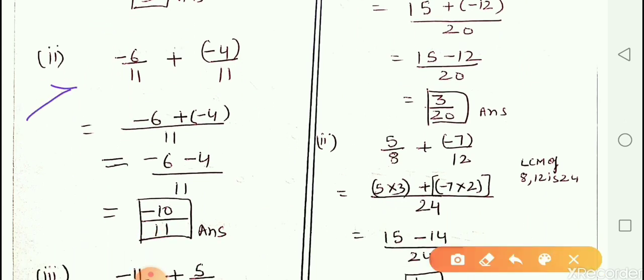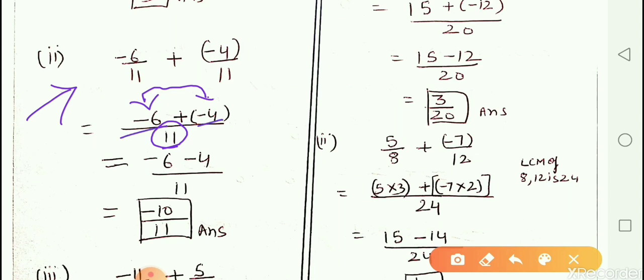Now the second part. Here negative 6 upon 11 plus negative 4 upon 11. Here again we will write the common denominator and add negative 6 plus negative 4. Here negative numbers are being added.